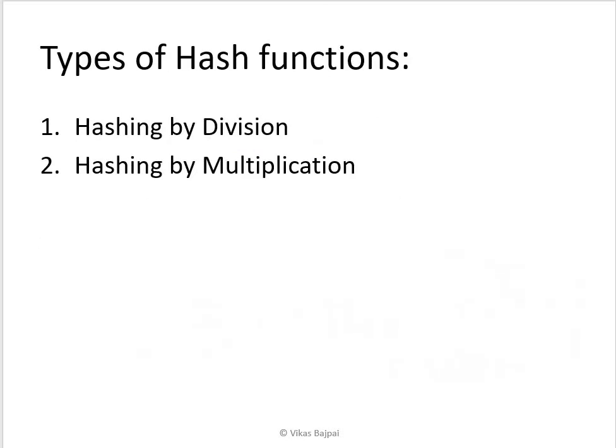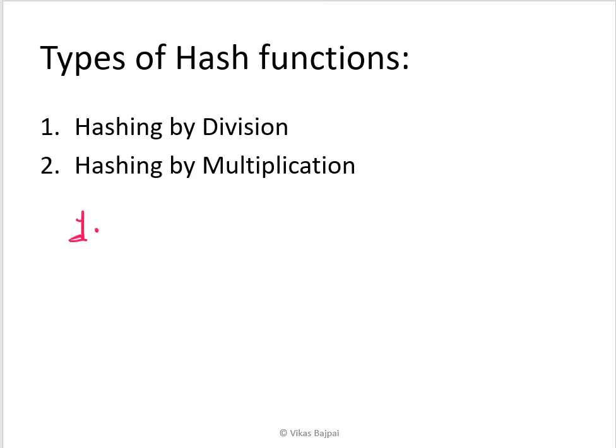So we have several ways how it works. One is the division method, another one is your multiplication method. In case of your division method, right now I'm talking about the first one.